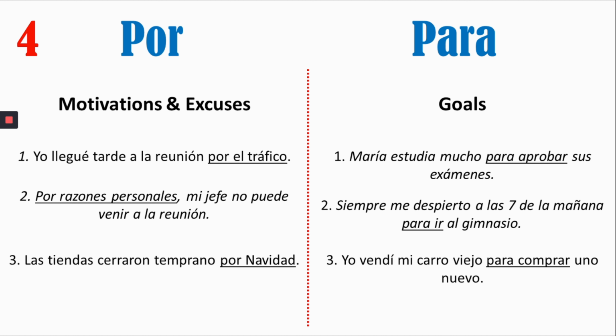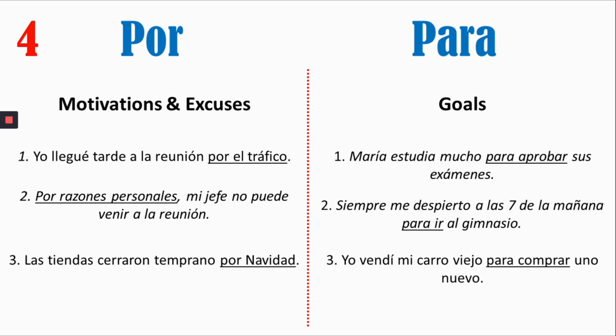Number 2. Siempre me despierto a las 7 de la mañana, with the goal, with the objective of going to the gym, para ir al gimnasio. Again, para, and then a verb in infinitive, para ir al gimnasio. It's very common to say something like para yo voy al gimnasio.